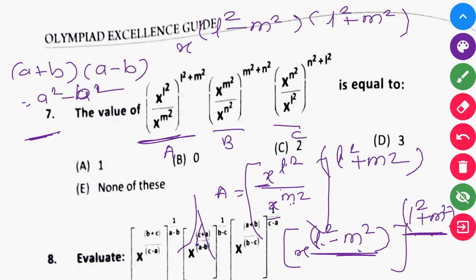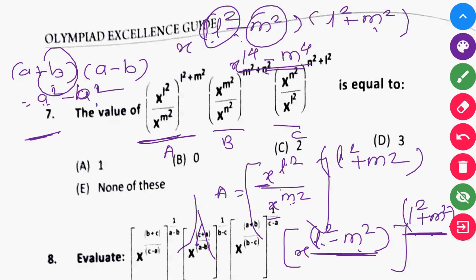This was a standard formula. So here consider a as L square and b as M square. One time it is positive, one time it is negative. So the answer is a square minus b square. So L square square becomes L raised to 4 minus M raised to 4.